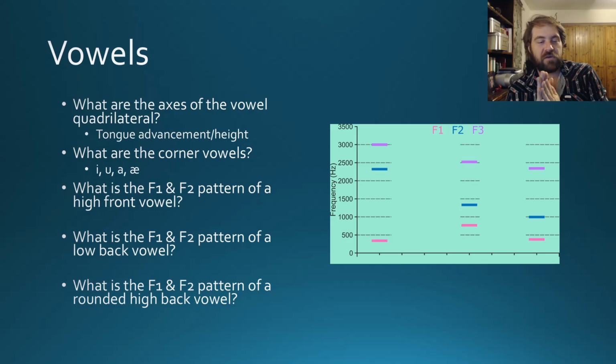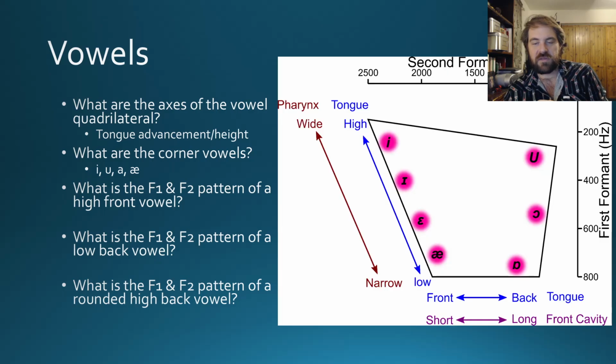What is the pattern of a low back vowel? Let's jump back and see what the low back vowel is. It's ah. The pattern of a low back vowel: high first formant, low second formant. So high front is low F1, high F2.